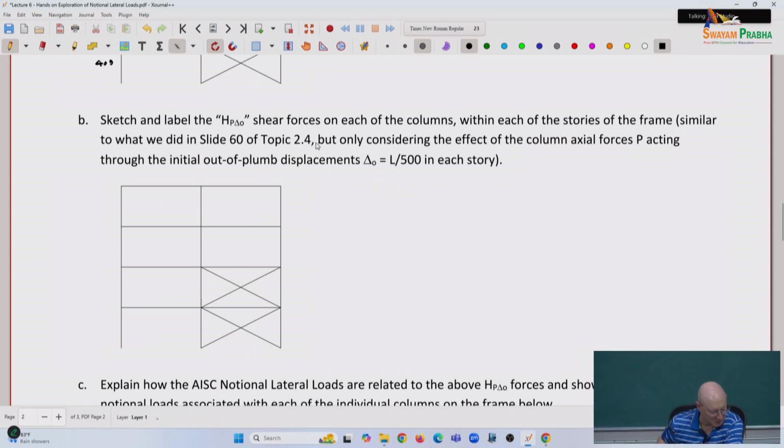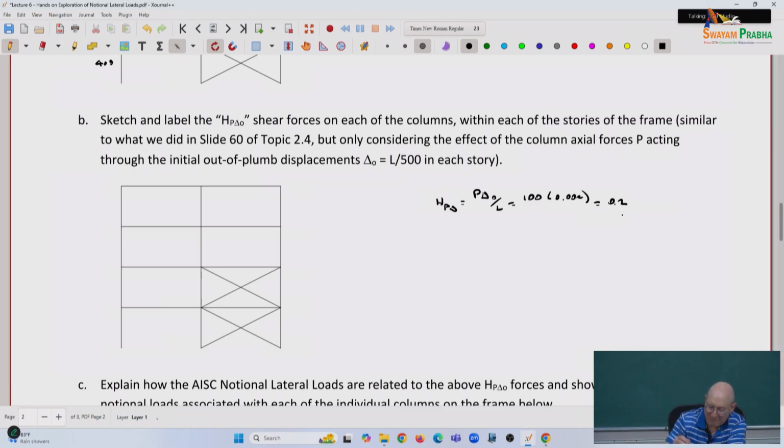So now, given those loads, if we have a uniform lean on the structure, what are the P delta shears that are coming in? At the top level, I've got my column loads of 100. So my H P delta, that's my P delta naught over L, is equal to 100 times 0.002, which is my delta naught over L. So it's equal to 0.2.